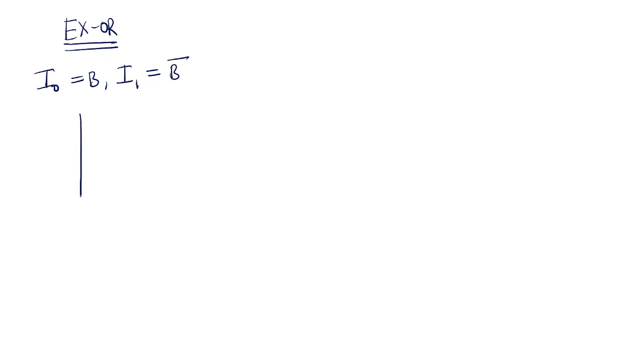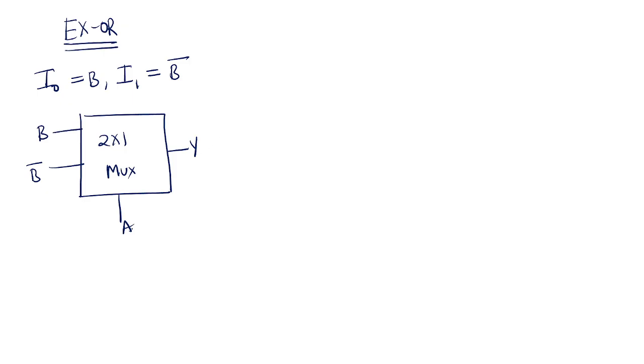Just a 2 cross 1 mux. A is the selection line, I naught is B and I1 is B bar, and Y. Shannon's equation: A bar B plus A B bar, Y equal to A XOR B. Okay, done.